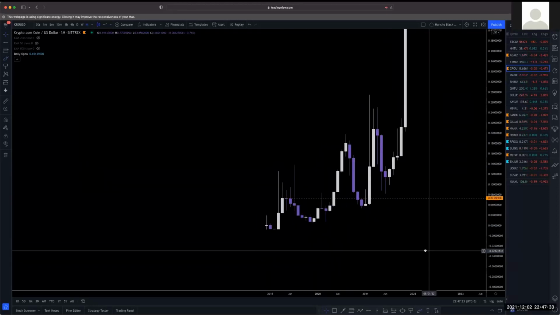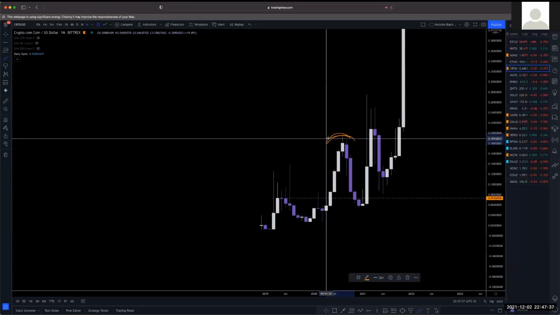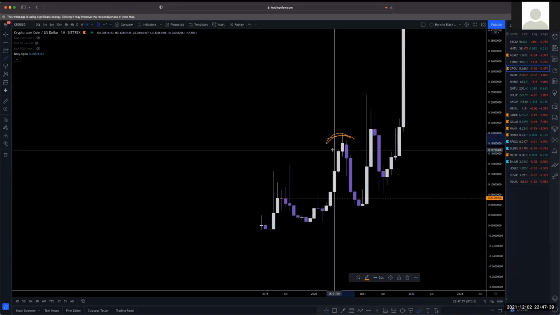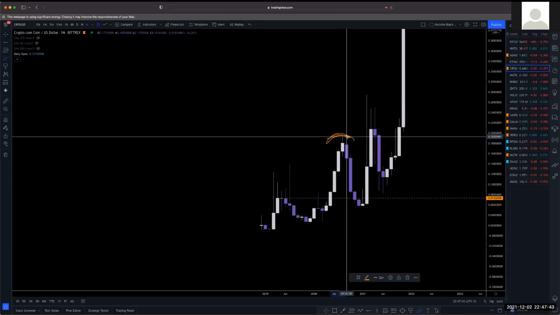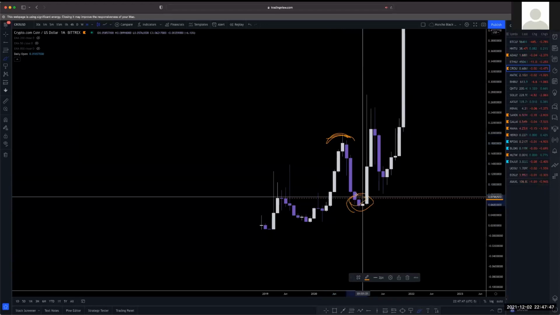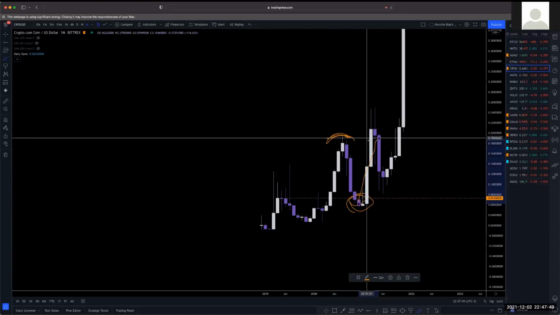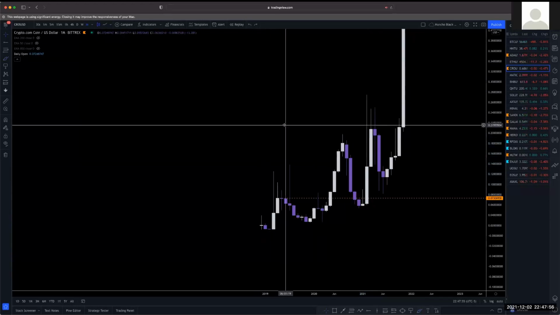Now notice that when we create a new higher high, and this is sometimes, not always, we came back down to our resistance level and then created a new higher high. You can utilize these resistance levels as confirmations for your entries.